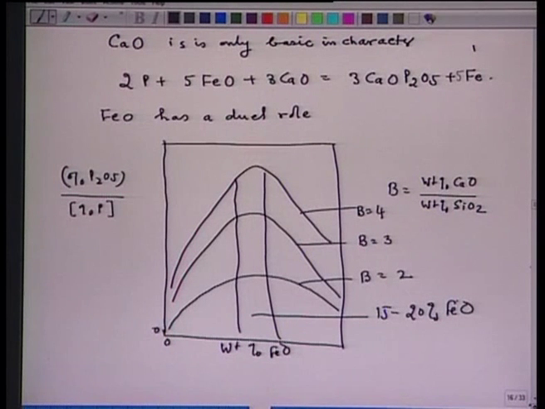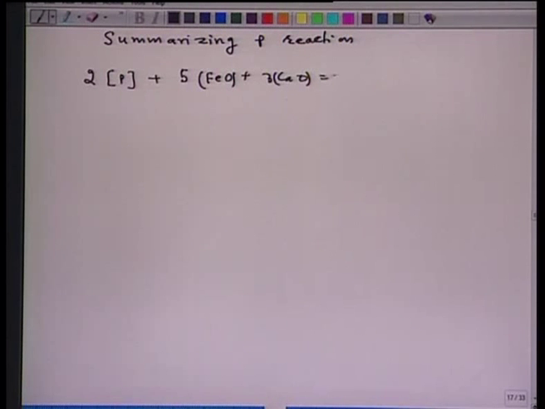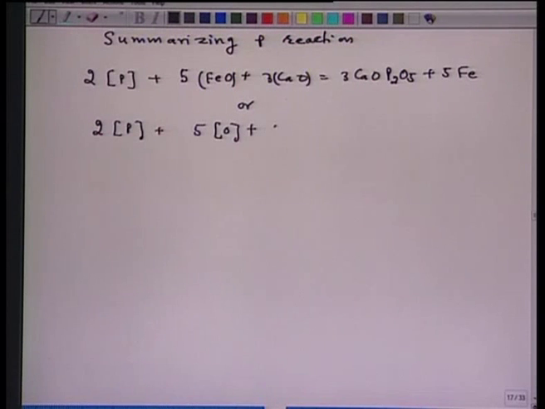Now, summarizing the phosphorus reaction, you can write down 2P plus 5 FeO plus 3 CaO, that is equal to 3CaO.P2O5 plus 5 iron, or in the ionic form we can also write 2P plus 5 O plus 3 O2 minus, that is equal to 2 PO4 3 minus.